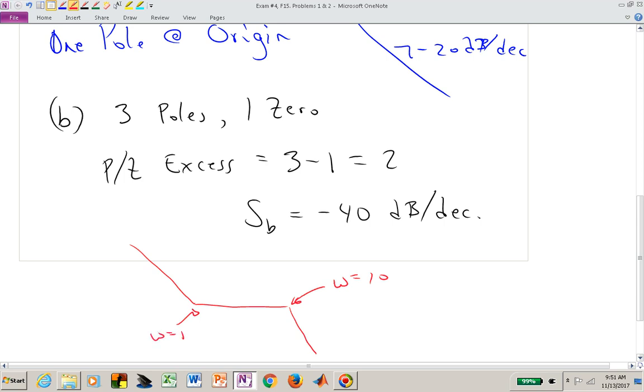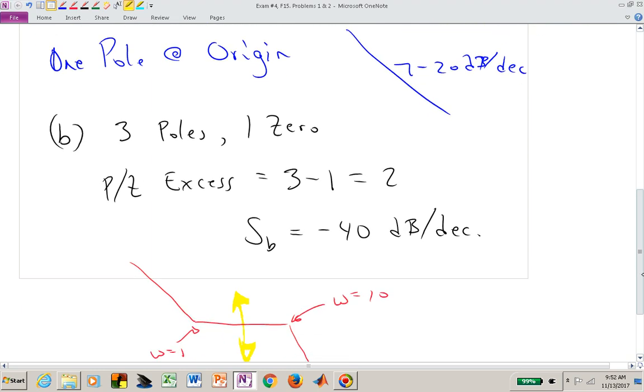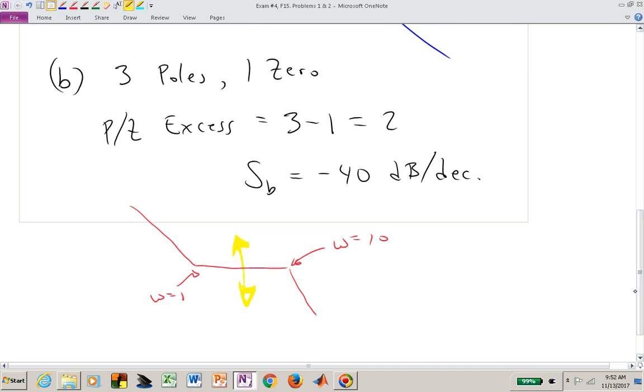And where this is, up and down wise, depends on the gain, and we would have to factor this or put this in time constant form to find the gain. But I think you can see that we have 100 downstairs, we have 100 upstairs, so the absolute gain is 1. In dB terms, that's 0 dB, so we really don't even have to shift this up or down in this particular case.